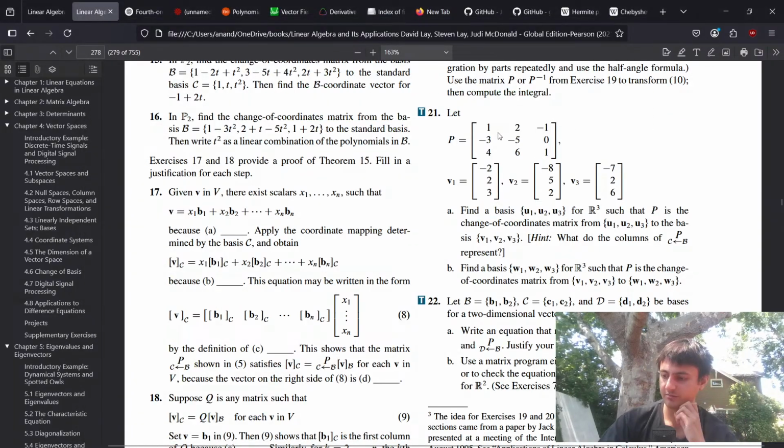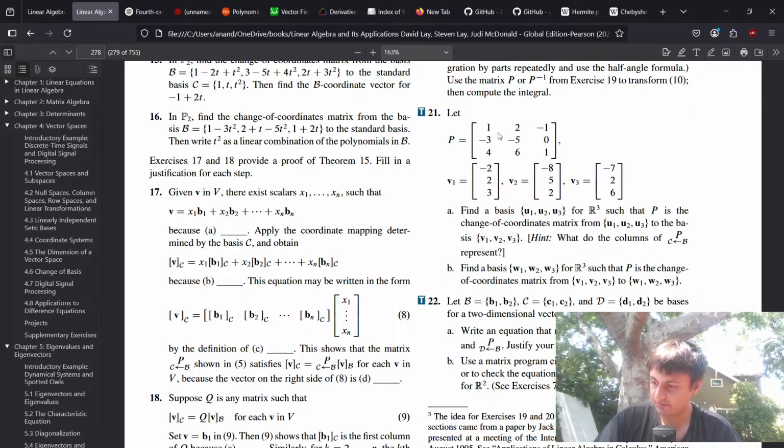But then we failed on part B, where we have P is now V to W, which is going to be the basis V written in terms of W. So V1 is going to be equal to W1 minus 3W2 plus 4W3. And that's going to be equal to W times P. Yeah, it's W times P.